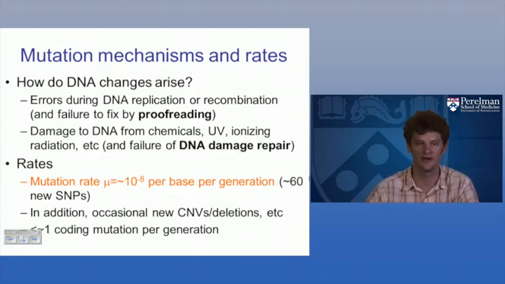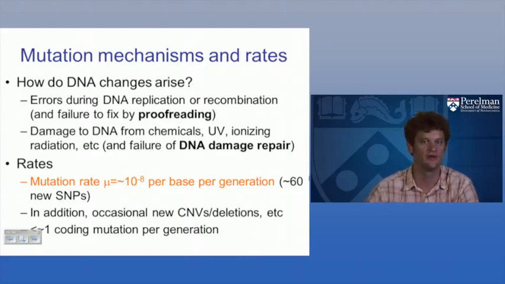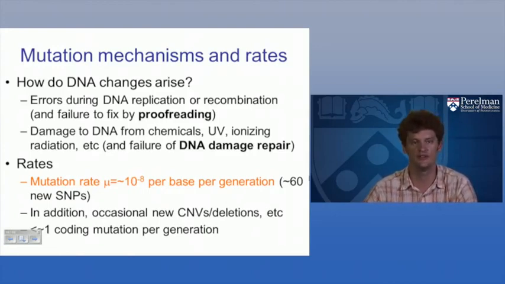It looks like the mutation rate is about 10 to the minus 8. Remember, the human genome is about 3 times 10 to the ninth base pairs, and it's diploid. So this corresponds to about 60 new polymorphisms per generation, in addition to, at lower frequency, new structural variations, deletions, copy number variants, etc.